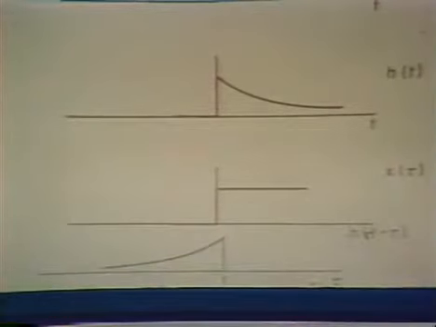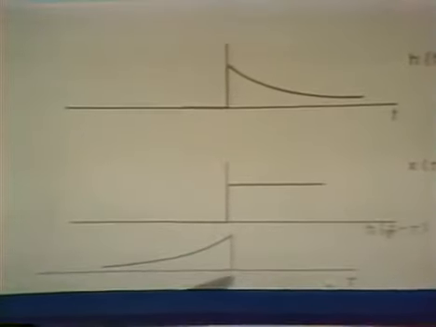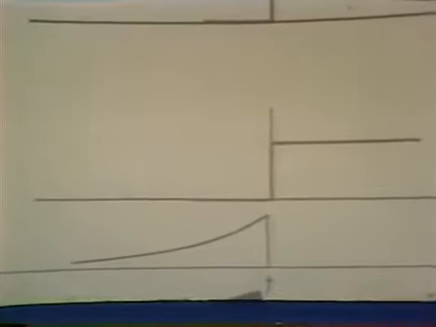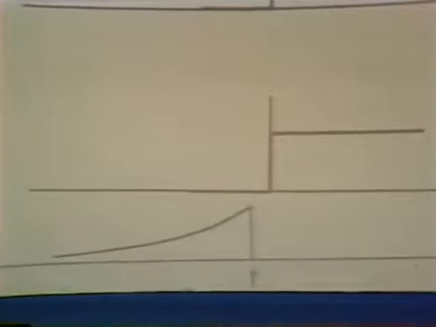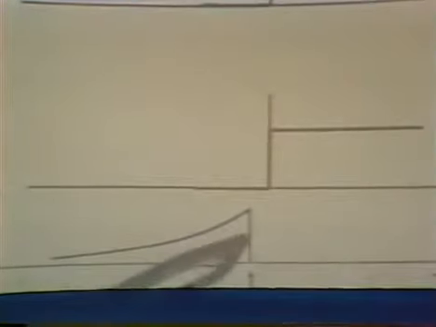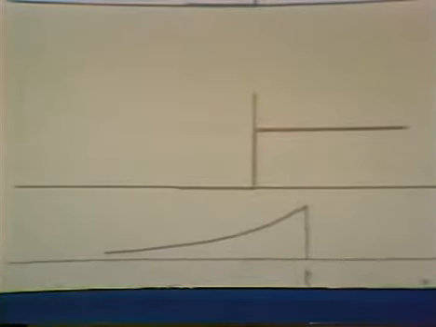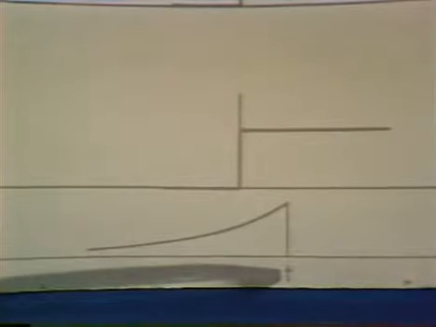And h of t minus tau is positioned then at tau equal to t. And as we change the value of t, that changes the position of this signal. And now we multiply these two together and integrate from minus infinity to plus infinity with h of t minus tau positioned at the appropriate value of t.